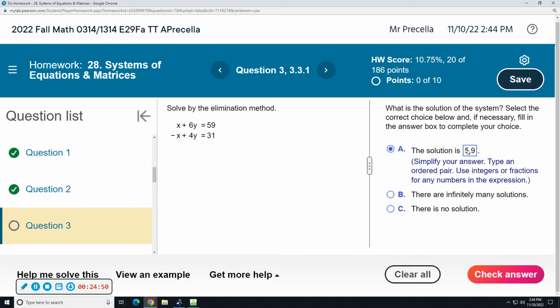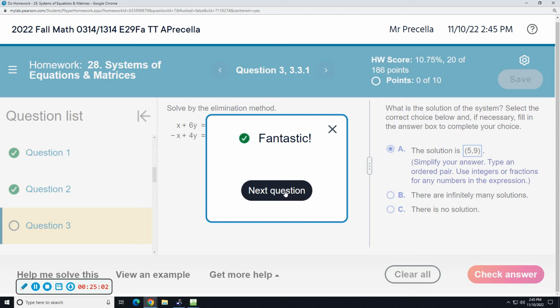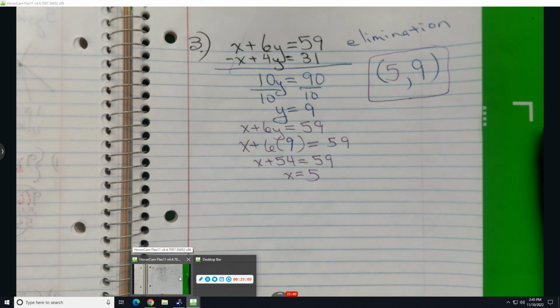That's right. And that's one of those things when you're taking the test. You've got to be careful. That's why you're given two opportunities. If you make a mistake like that on the first go through, you can do it again and hopefully remember to put the parentheses.